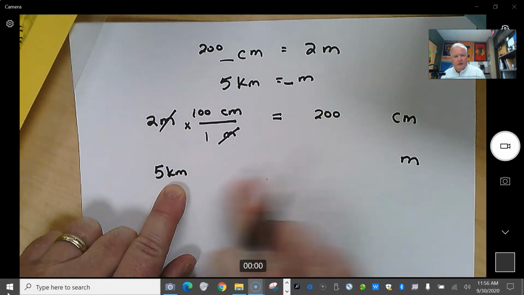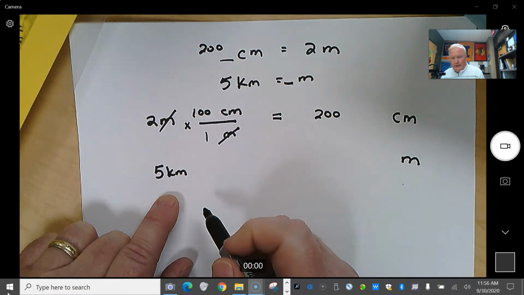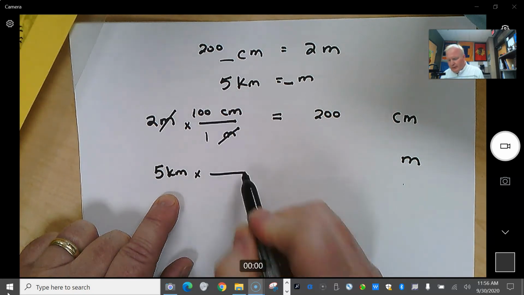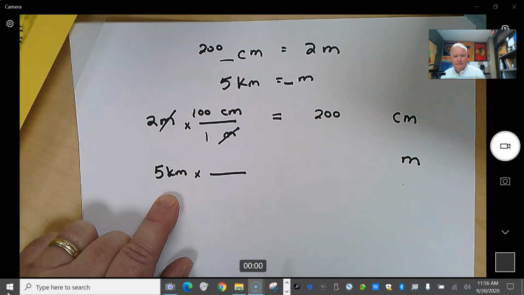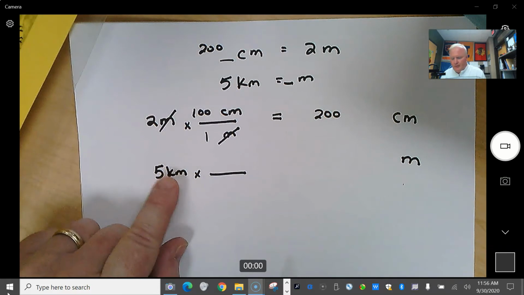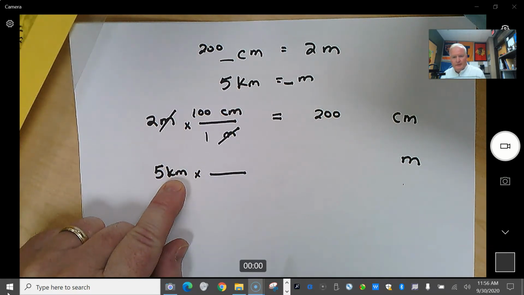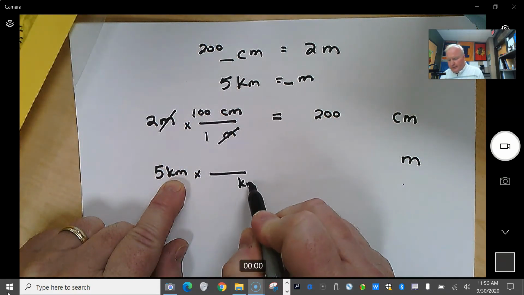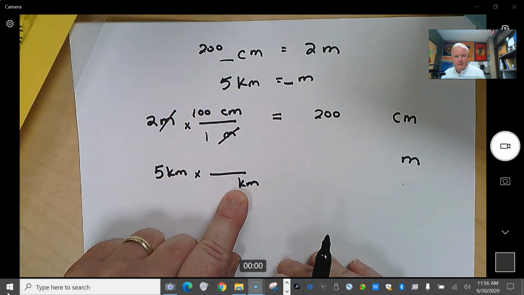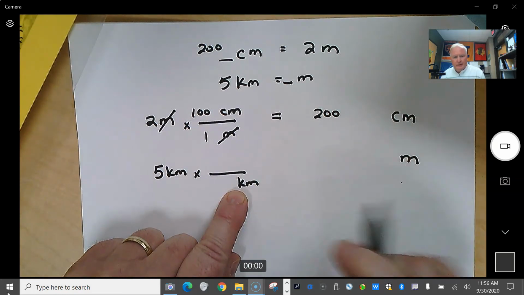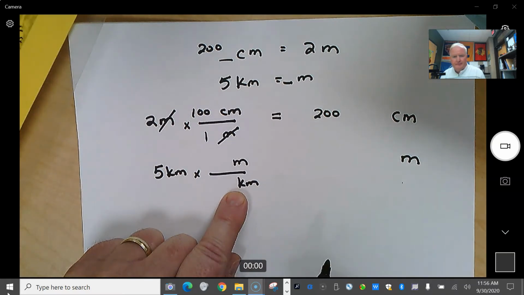So now we know what our goal is. That's step 1. Step 2, build a conversion factor. Now, step 3, we need to get rid of kilometers. So we're going to put kilometers on the bottom so that we can get rid of it. We have to get to meters, so we're going to put meters on the top.